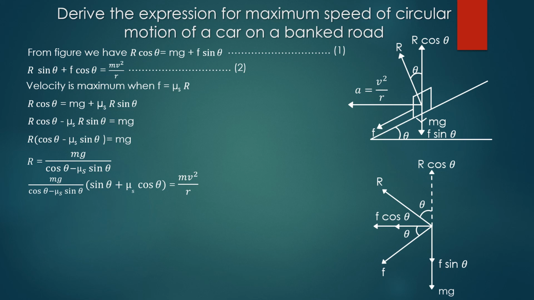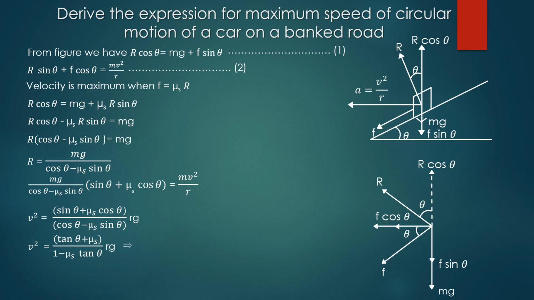Now taking v this side, v square is equal to sin theta plus mu s cos theta whole divided by cos theta minus mu s sin theta into rg. Dividing the numerator and the denominator by cos theta, we get v square is equal to tan theta plus mu s whole divided by 1 minus mu s tan theta into rg.